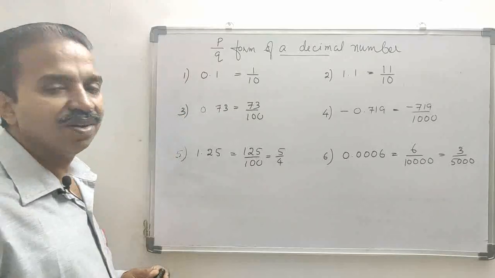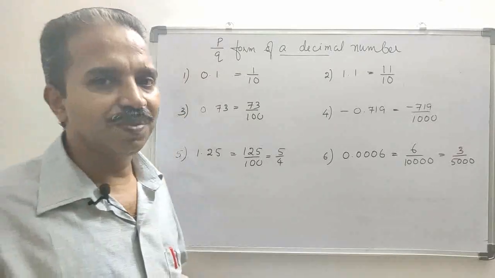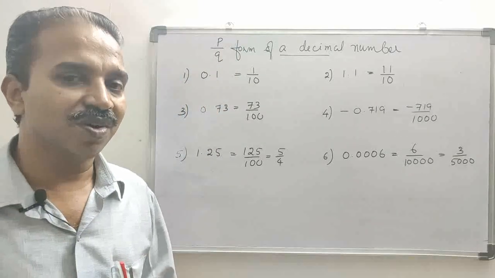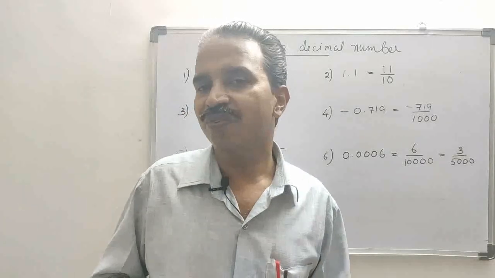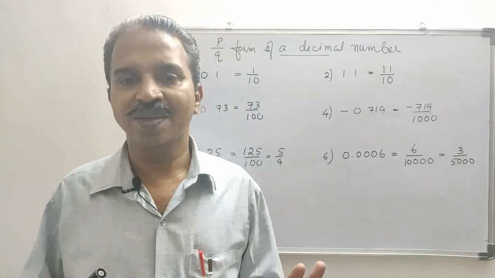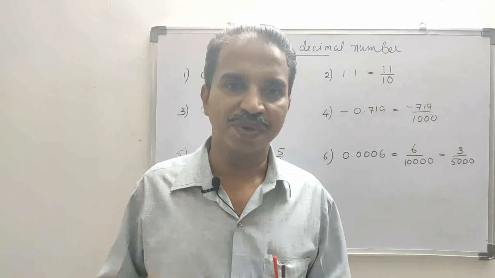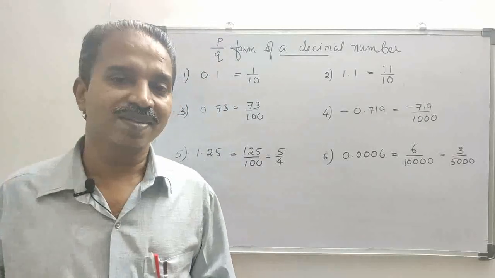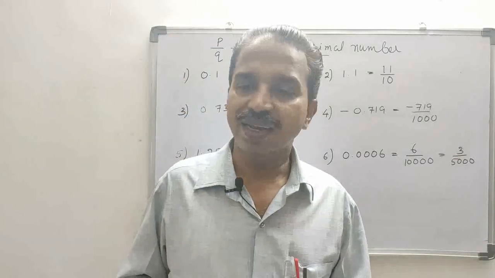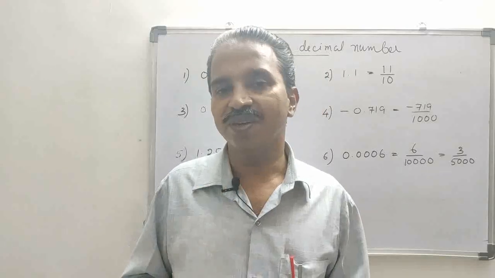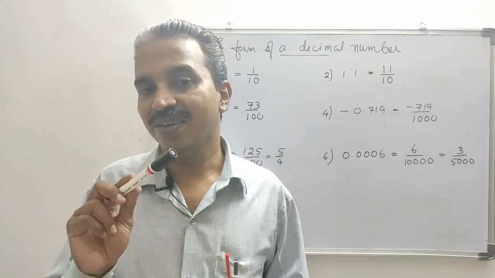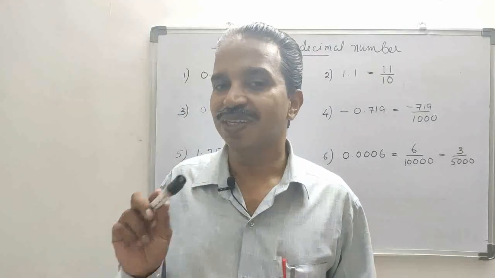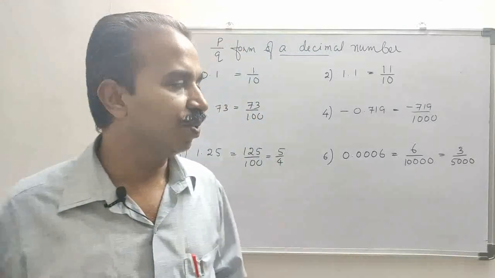So first one is 0.1. The P upon Q form is 1 upon 10. So how do we write the P upon Q form? We write the number without decimal point. If the decimal number is terminating, we write the number without decimal point as the numerator, and in the denominator, putting 1, we write as many zeros as the number of digits after the decimal point.